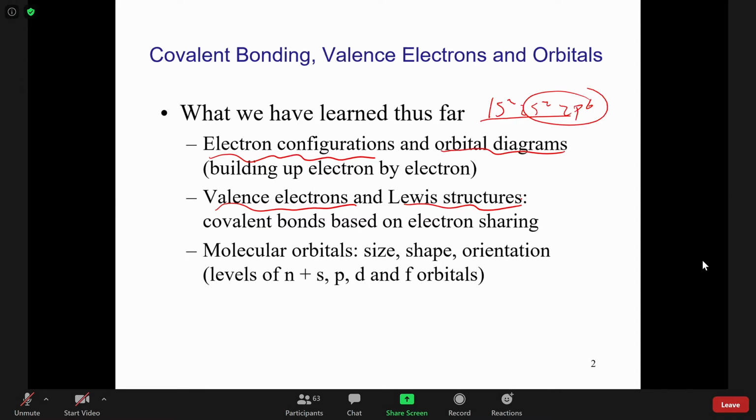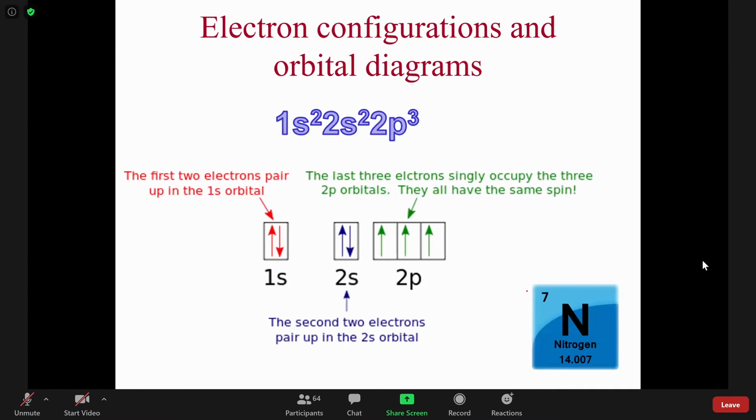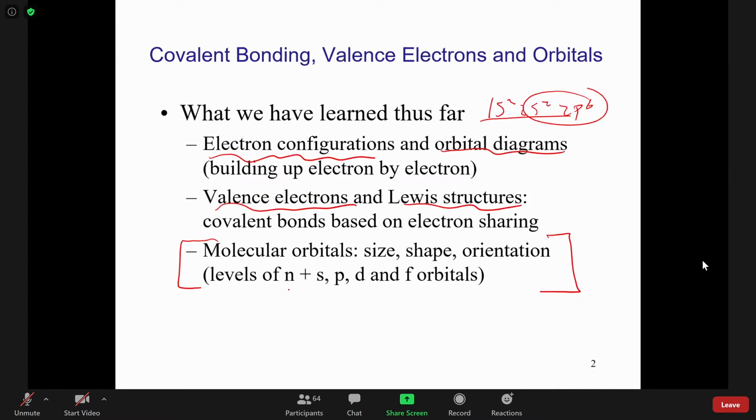When we know what our valence electrons are, we're able to draw Lewis structures that include covalent bonds based on electron sharing. Now what we're going to bring that together with, in order to understand this idea of geometry, is remember that s, p, d, and f orbitals have orientations in space, right?